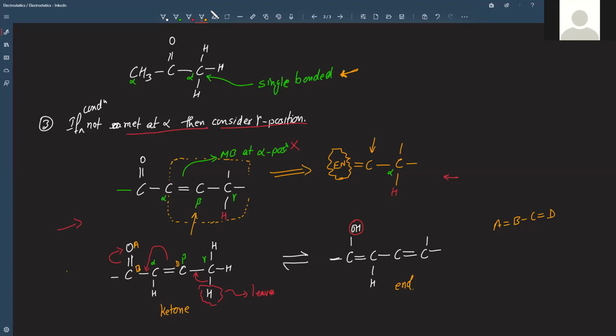If it is a single bond, it won't cause resonance, and alpha hydrogen itself will move to that O. But if it is a double bond, there will be resonance, and due to resonance this H will not move from here, and gamma hydrogen will actually move to the oxygen.